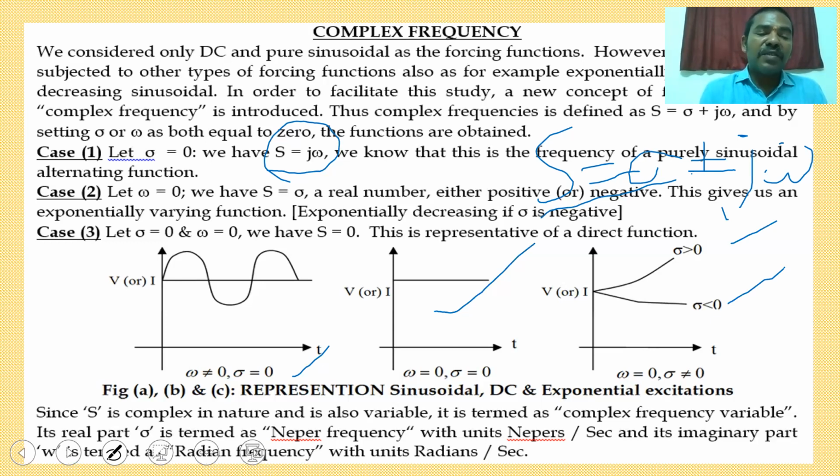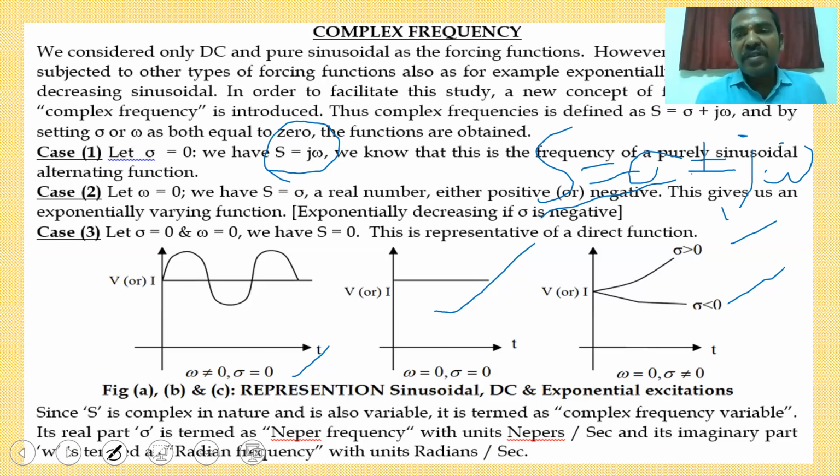The complex frequency is also a variable in nature. The real part sigma is treated as Neper frequency, and its units are Nepers per second. The imaginary part is the radian frequency, and its units are radians per second.